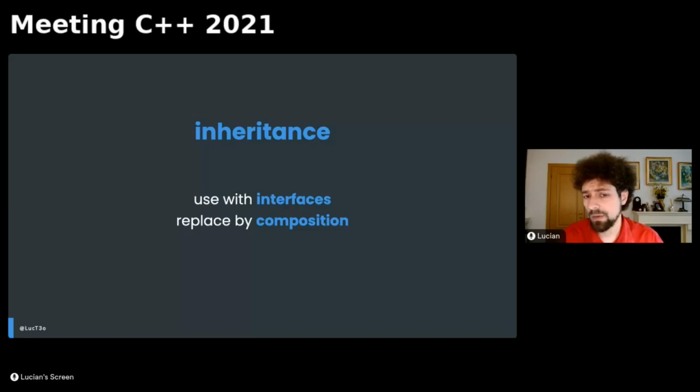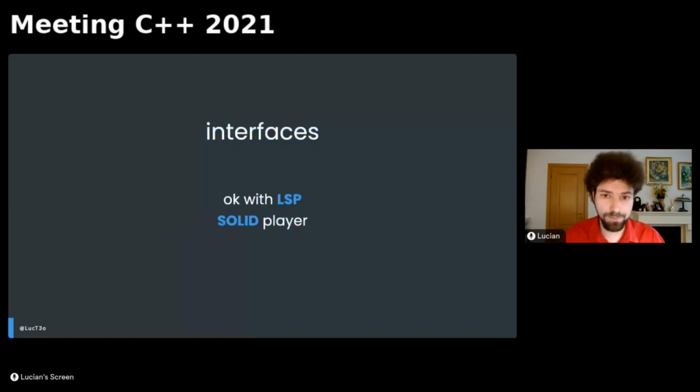So we can still use inheritance with interfaces, and as much as possible try to replace it with composition. Again, interfaces may not necessarily be the best solution. Sometimes it's the most convenient one, but if there is a good way in which you really want to use inheritance, you can use it.